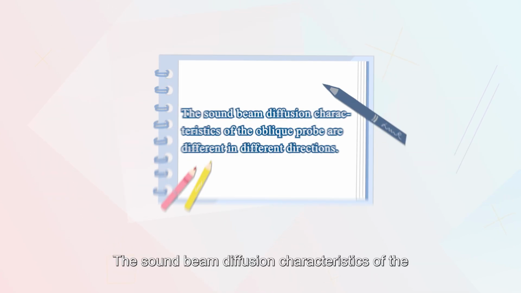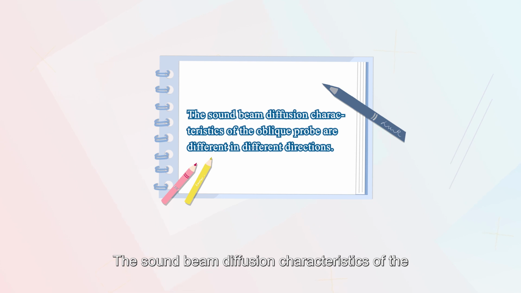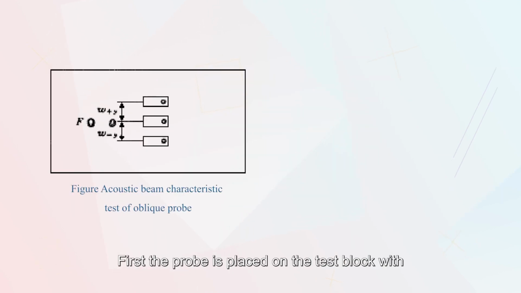The sound beam diffusion characteristics of the oblique probes are different in different directions. Here we only introduce the sound beam diffusion in the left and right directions of the probe. First, the probe is placed on the test block with a thickness of 40 mm, as shown in the figure.